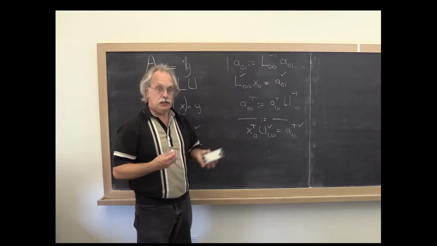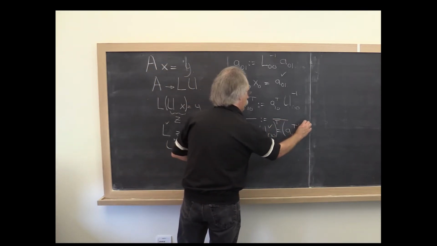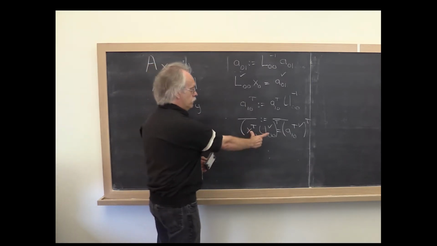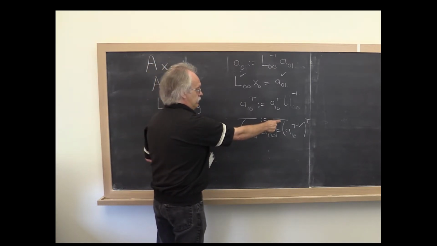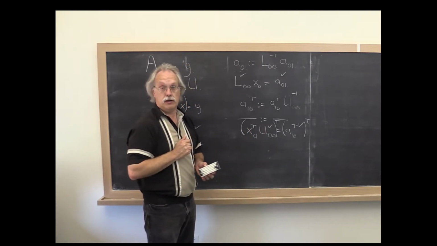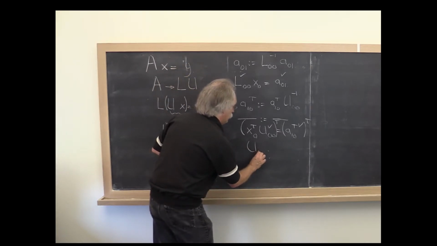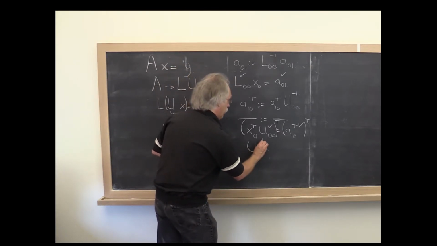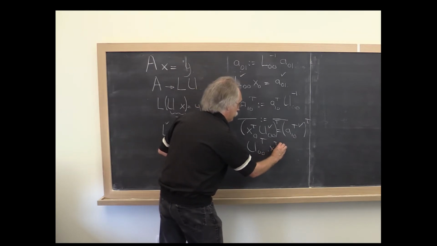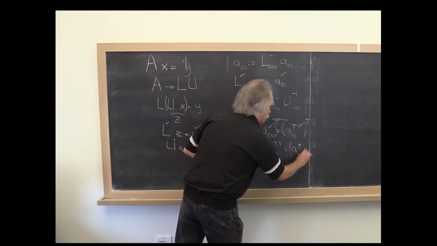Well, we can play with this a little bit more. We can say, well, what if we just transpose both sides? Remember that if you multiply and then transpose, that's the same as swapping the order and transposing each part. So what do we get? We get u00 transpose x0 transpose transpose is equal to a10 transpose transpose.